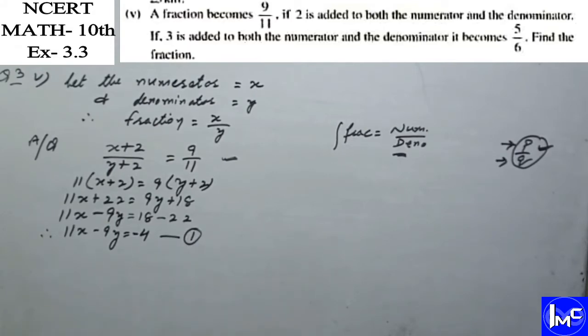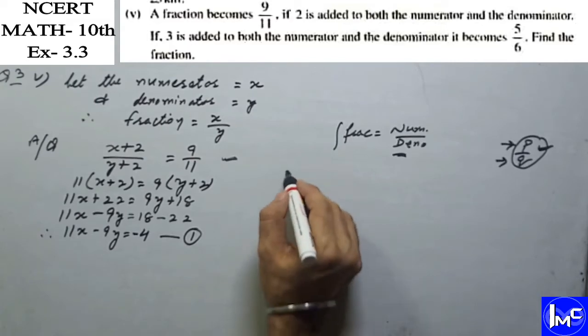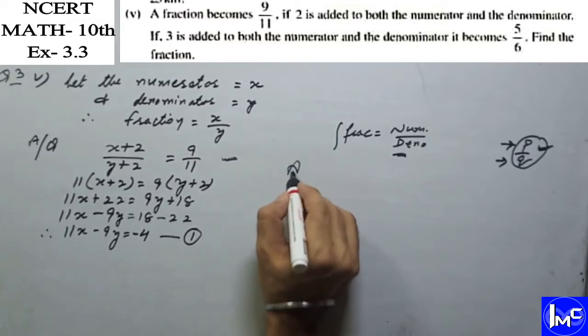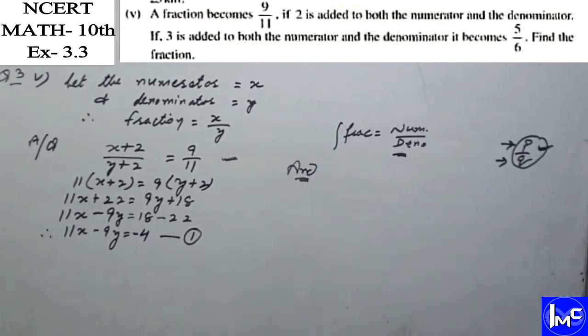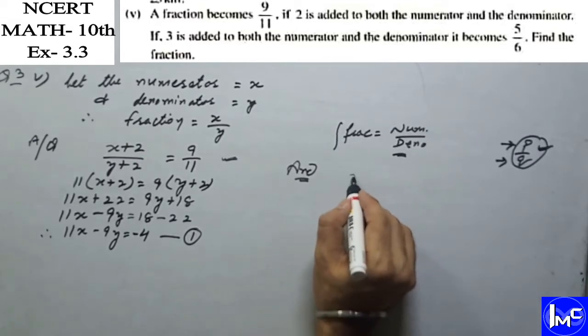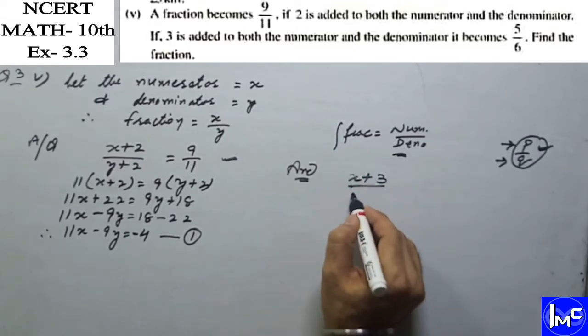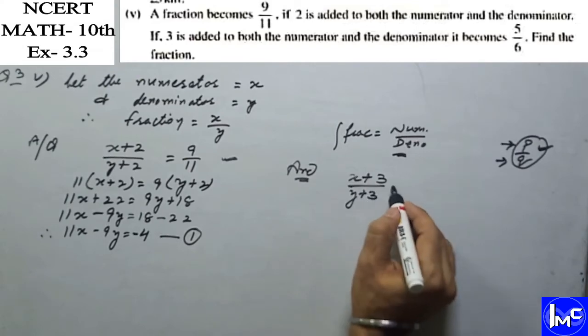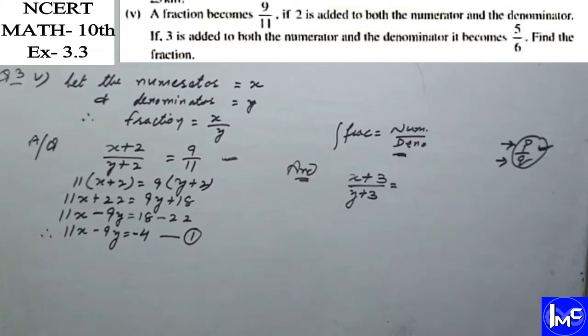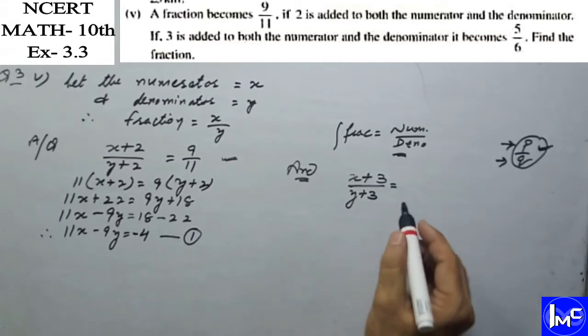Now we will take the second condition. The second condition says if 3 is added to both numerator and denominator. If we add 3 in numerator and the same number in denominator, we will get 5 by 6.